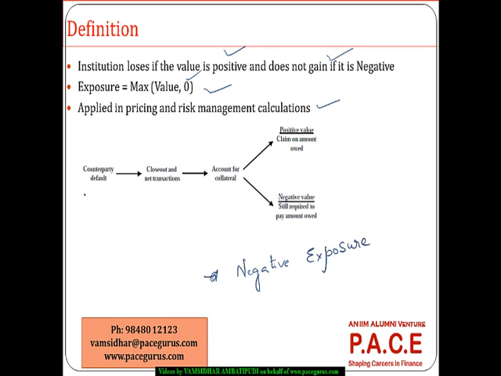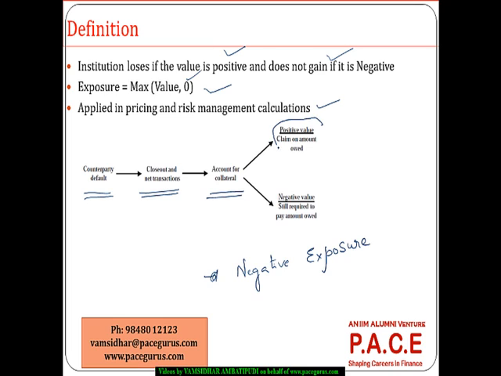So probably just a pictorial representation. A counterparty has defaulted. So first job is close out all the transactions with the counterparty. Then net the transactions. Find out whether my net is positive or negative. Even account for the collateral depending on whether I have received the collateral or I have deposited the collateral. So received the collateral, reduce the exposure, posted the collateral, increase the exposure.